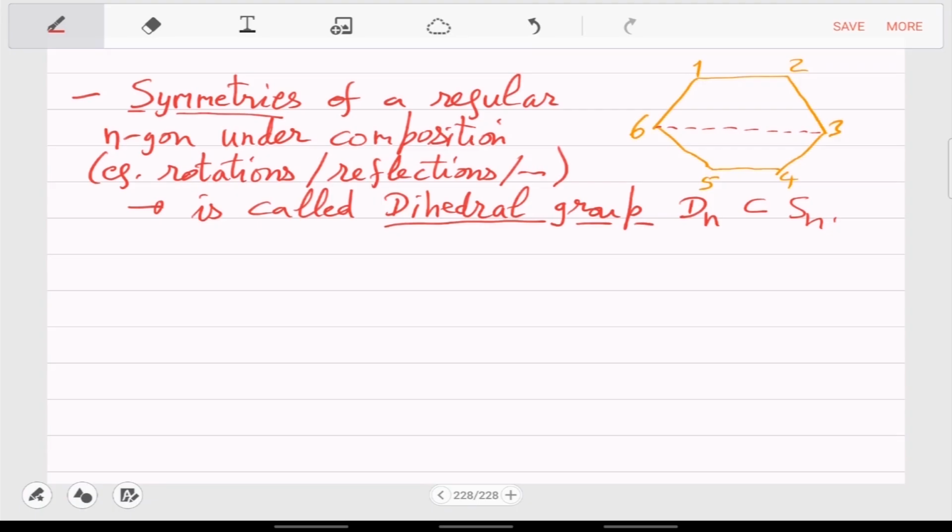Yeah, if this symmetry is not clear to you, just remember that when you map 1 to 6 to a permutation, what you want is that the edges should not, I mean the edge connections should be preserved, should be respected. Okay, so there is an edge between 1 and 2. So wherever you map 1 and 2 or move 1 and 2, there should be an edge between 1 and 2.